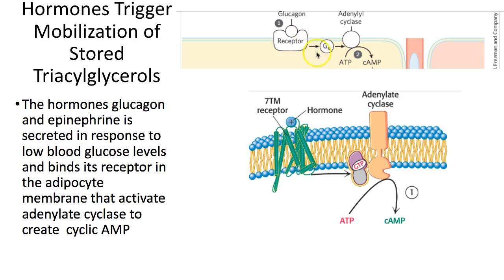When it does that, it activates the adenylate cyclase, which will then convert ATP into cyclic AMP.